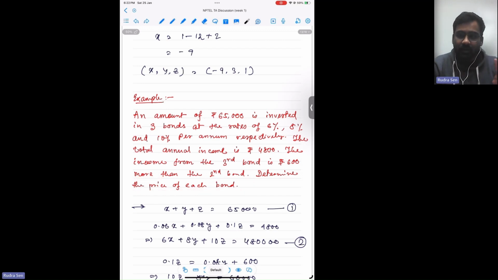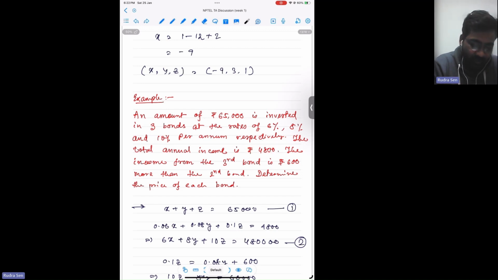So there are three conditions given to us. The first condition is that the total amount invested in three bonds is 65,000. Second condition, at 6%, 8%, and 10% rates for each bond, the annual income is 4,800.